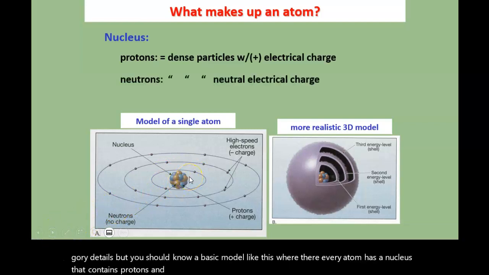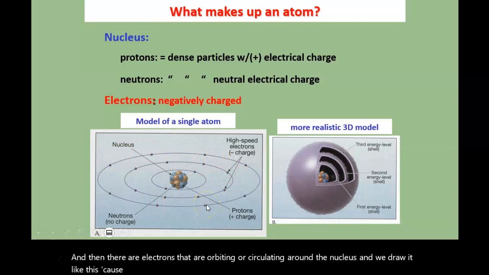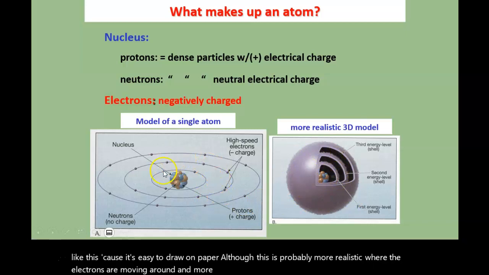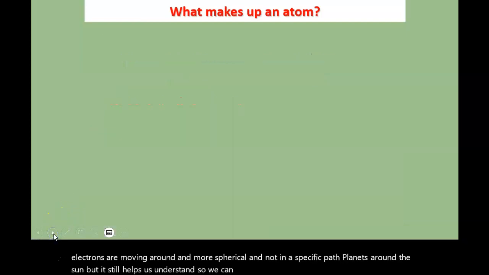The protons have a positive charge, the neutrons don't have a charge, and then there are electrons that are orbiting or circulating around the nucleus. We draw it like this because it's easy to draw on paper, although this is probably more realistic, where the electrons are moving around in more spherical and not in a specific path like planets around a sun. But it still helps us understand, so we can use that idea.